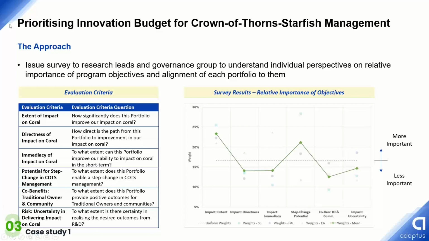And one of the interesting bits of output that comes out of this process is we have each of the individual respondents provide us their perspective on how important these criteria are, and it allows us to understand where there's strong convergence amongst different groups within the program and different individuals on importance of certain criteria, but also where there's divergence in perspective.